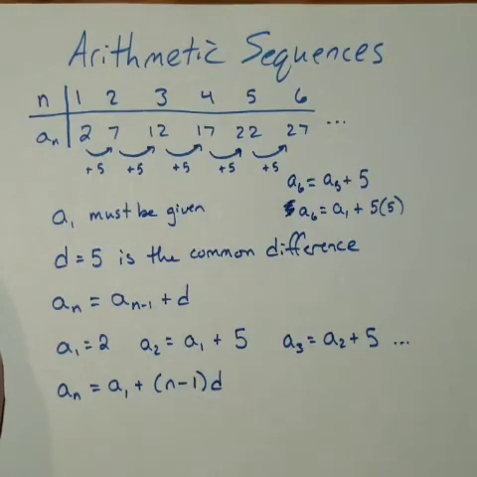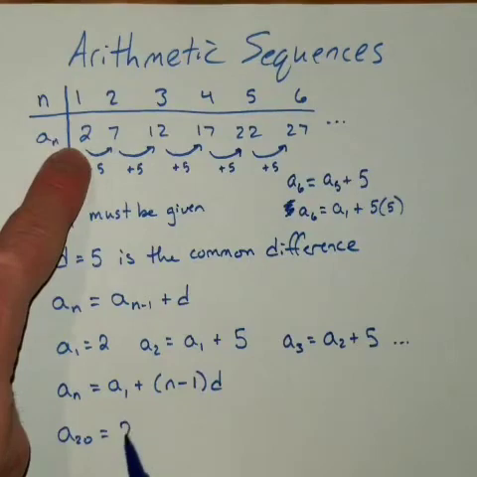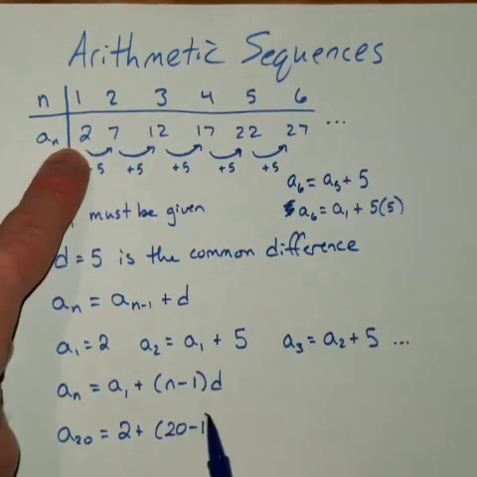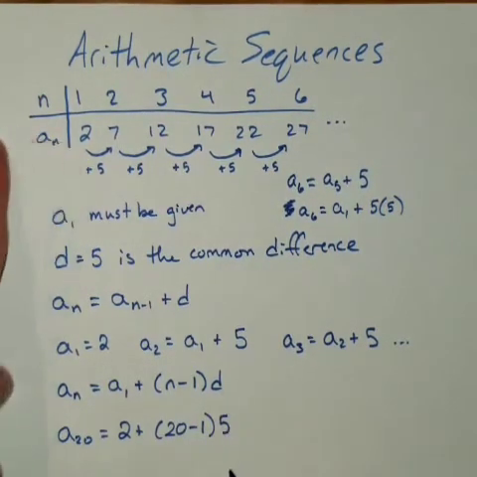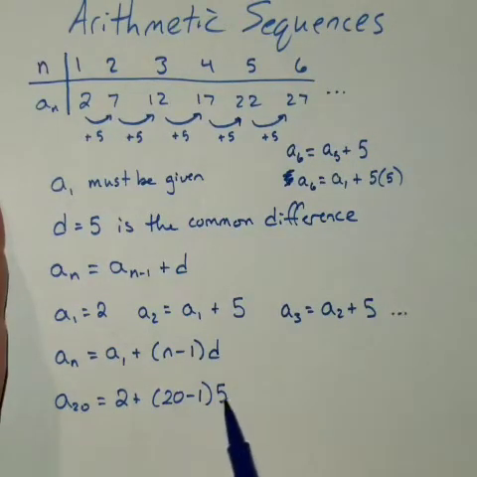Okay? So that tells us then if I wanted to find the 20th term, I just take the first term, which is 2, and add to that n minus 1 times d, which is 5. Okay? Now n is 20, and the 5 is the d, and the 2 is the a sub 1.